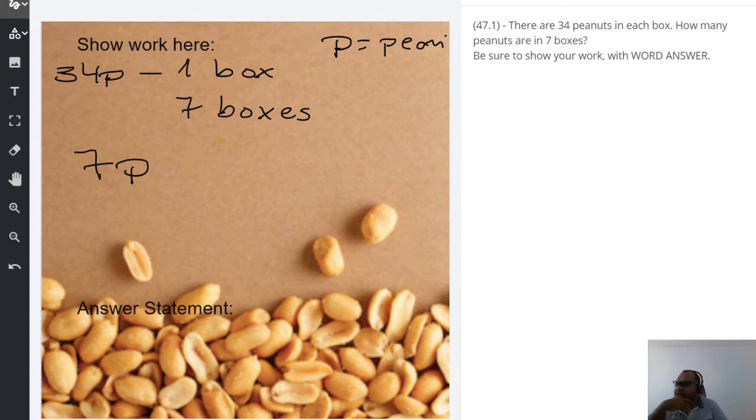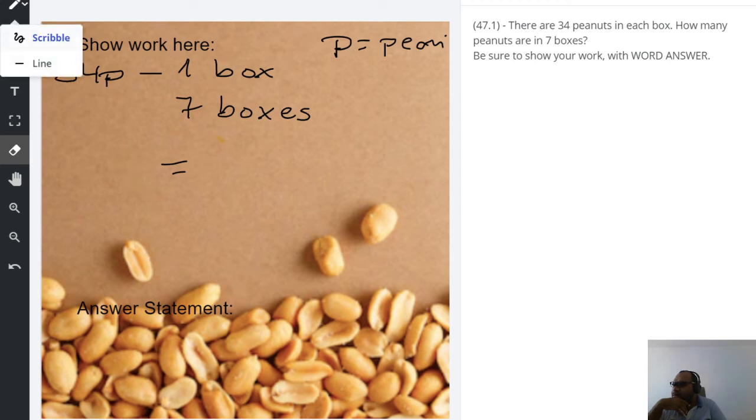Great. I'm looking for the quantity over here. How do I know this one? It is 34P. Let's rewrite this one. 34P is my quantity. Or it's P divided by 34.